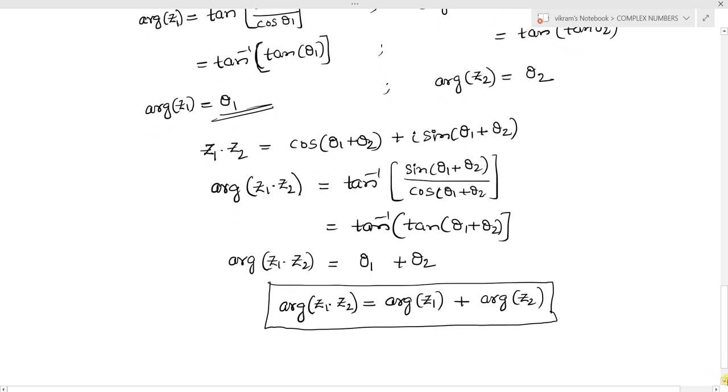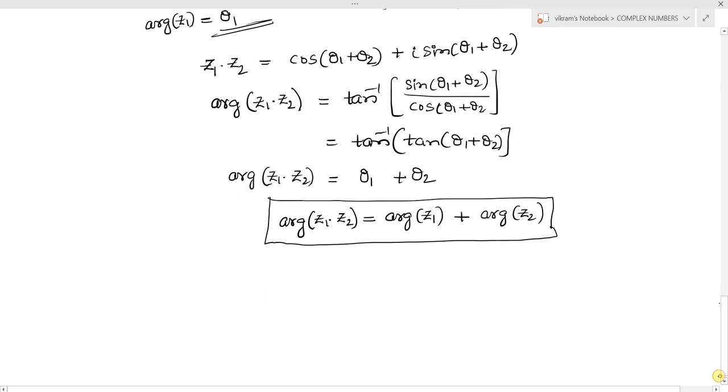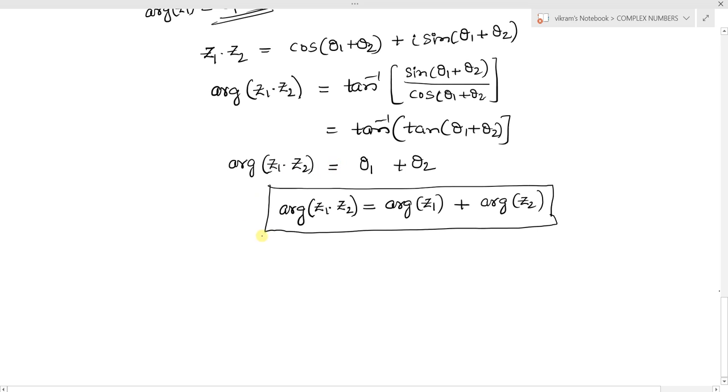One more thing we discussed: cis theta 1 into cis theta 2, which is z1 into z2, equals cis of theta 1 plus theta 2. This is another important property.